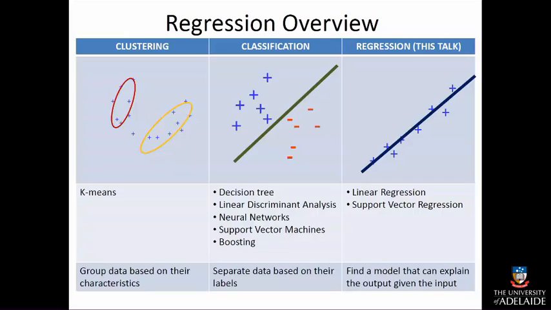So in some sense, you want to find a parametric model to represent the data points, a model that can explain the output given the input. That's the high-level idea of regression.